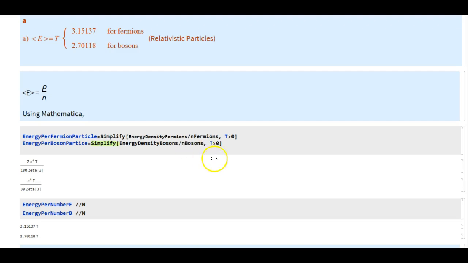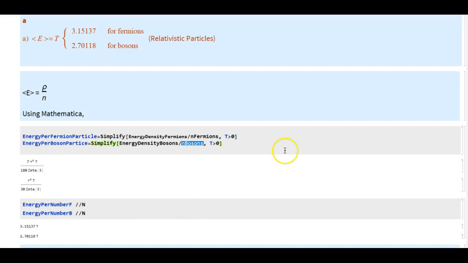When you evaluate this, the energy density of fermions and of bosons are variables I calculated in my last video.